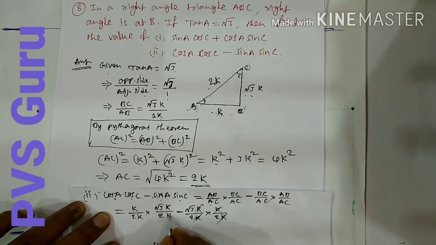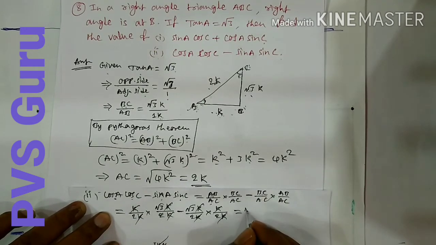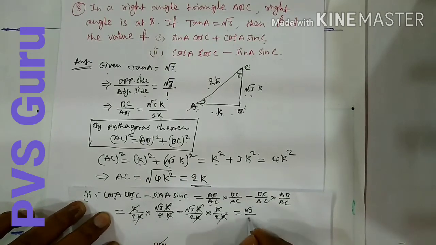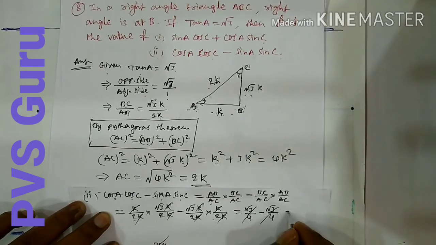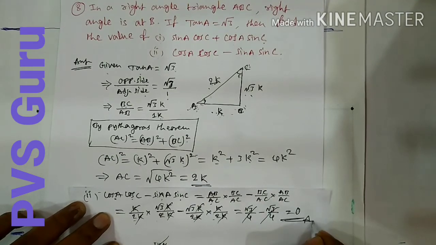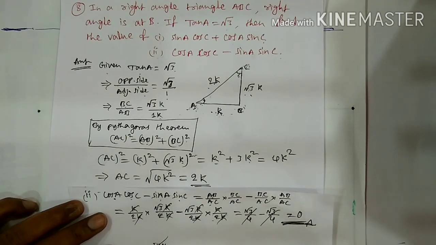All k's are cancelled. Here it is 1 into root 3 by 2 2s are 4, minus root 3 into 1 is root 3, 2 2s are 4. These two are cancelled. It is equal to 0. This answer is 0. Exercise is completed. In the next video we will solve the 11.2 exercise.